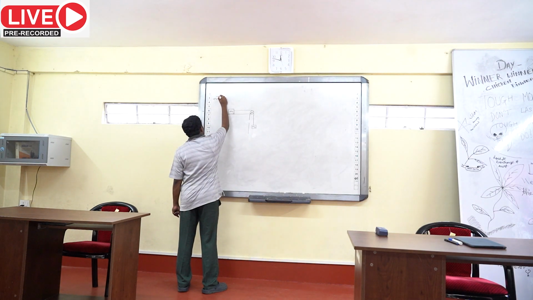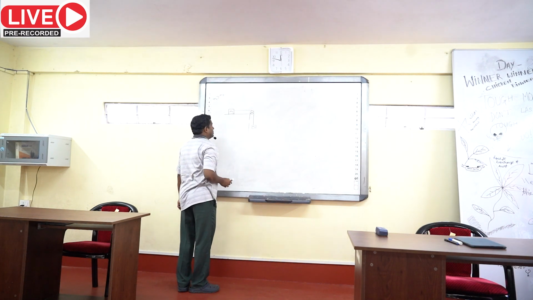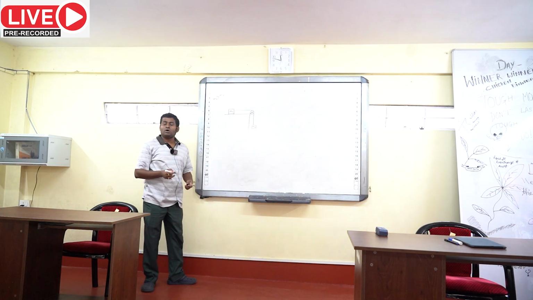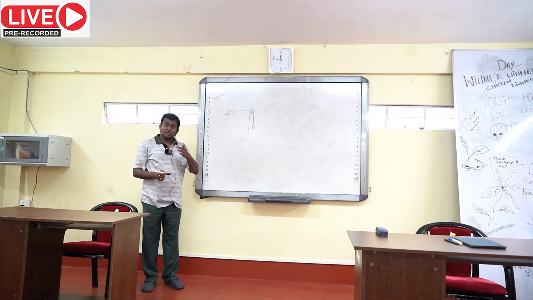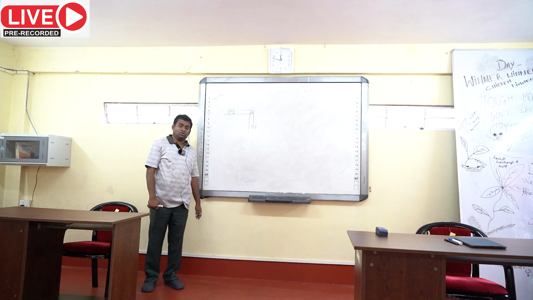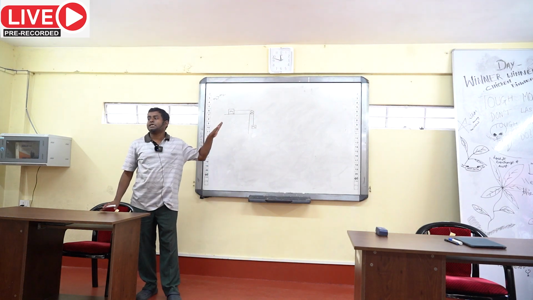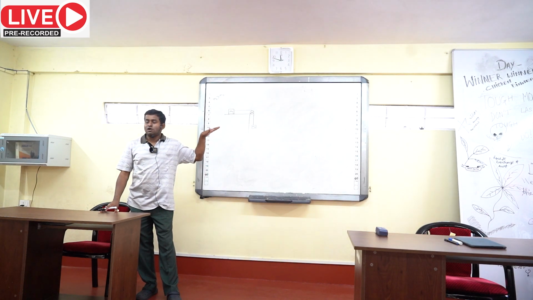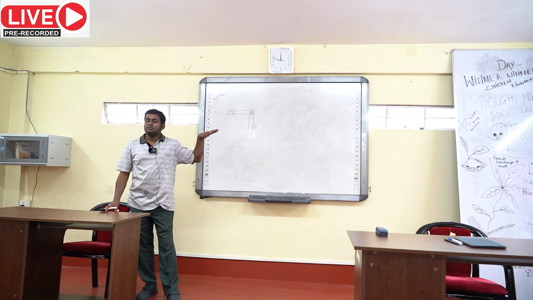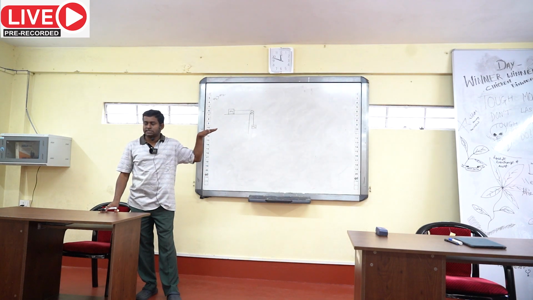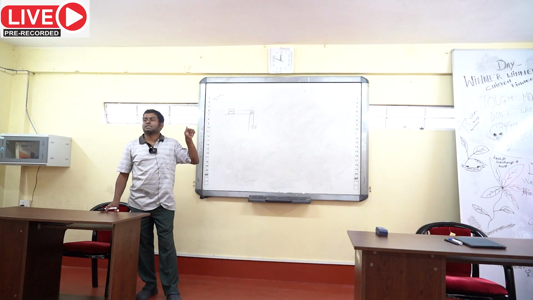Again it is given that M1 is greater than M2. But now M1 is on a table and the table is perfectly smooth. M1 is placed on the table. Now you need to write Newton's second law equation for both the masses as before.